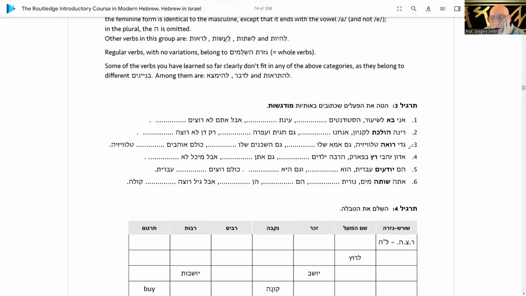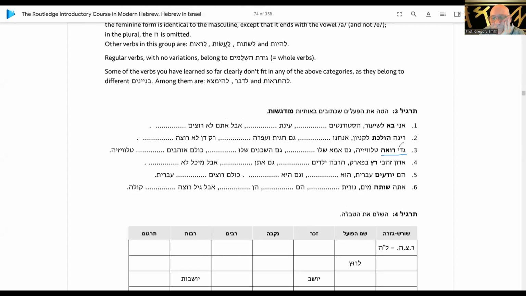Okay, so let's see here, number 3, Gadi ro'e televizia. So Gadi sees the television. Gam ima shelo, also his mother. His mother is seen. So basically we've got to come up with the one that is reflective of his mother.